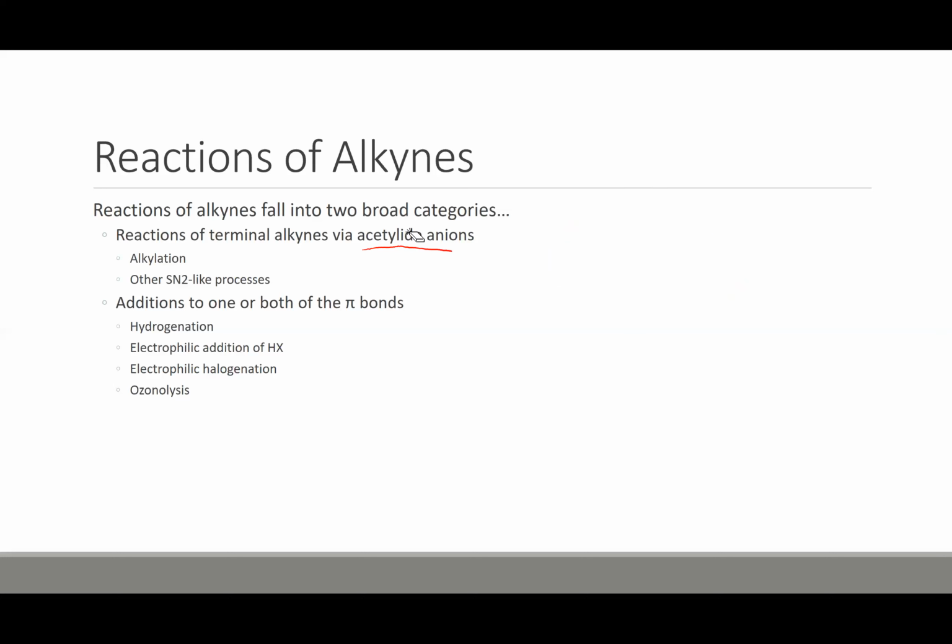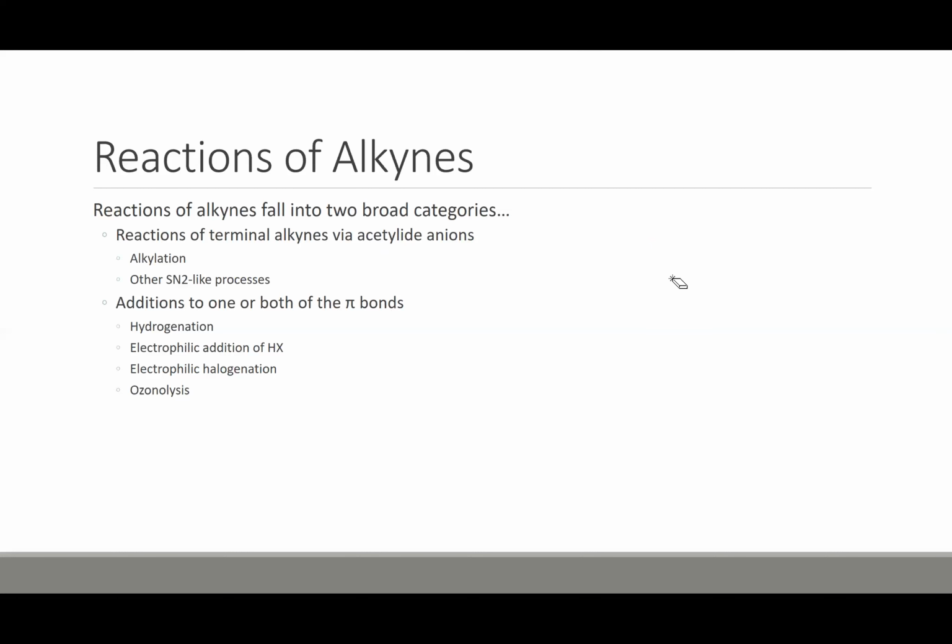The particular type of reactions we'll be talking about as far as terminal alkynes or those acetylide anions are alkylation, that's the addition of an alkyl group. Remember, alkyl means a carbon-carbon bond. And other SN2, so substitution-like processes.